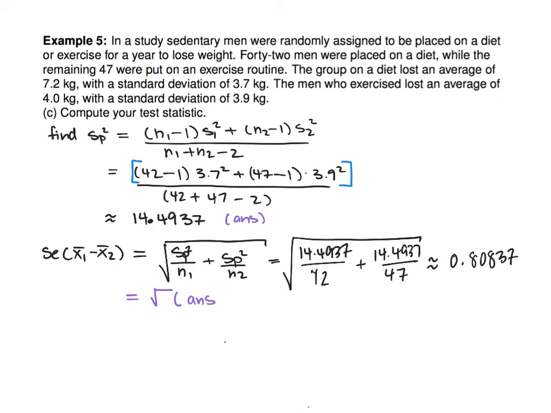Everybody else's is different, but you can do ANS divided by 42 plus ANS divided by 47, close your parenthesis. And that will make sure that you never have an error due to rounding. It also saves you time because in my case pushing second and then the minus sign is what it takes to get that. And that's a lot less typing than typing in 14.4937 repeatedly.